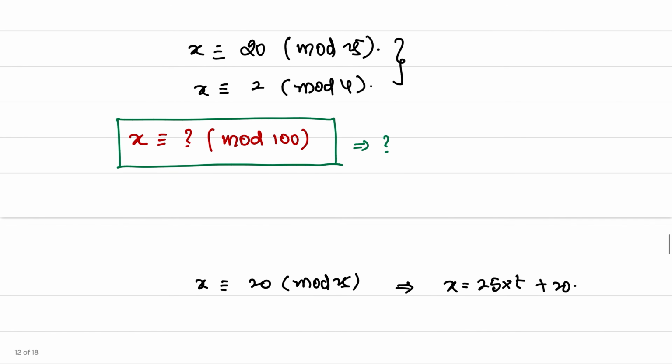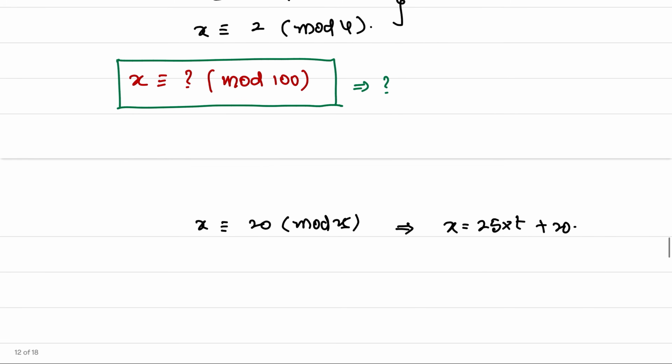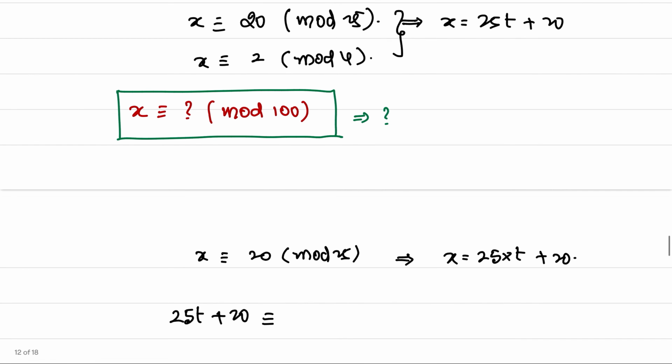From the first equation, this implies x is equal to 25t plus 20. And when we place it in the second equation, x we will replace by this: 25t plus 20 equivalent to 2 mod 4.